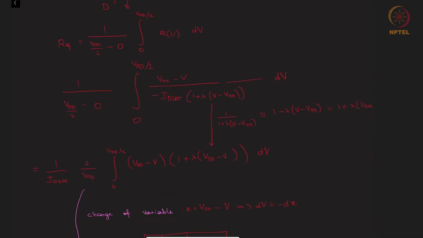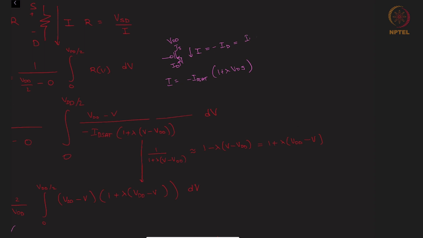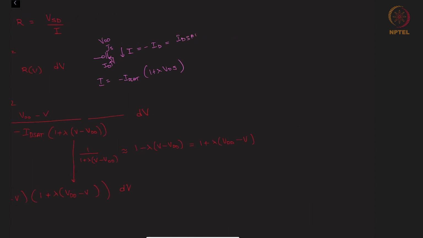On the denominator, I is equal to minus ID sat times 1 plus lambda VDS. Why? Because we had defined the positive direction of I like that, but this is the source, connected to VDD. In a PMOS, the ID is like this. So therefore, I is equal to minus ID, and what is ID? It's ID sat times 1 plus lambda VDS.